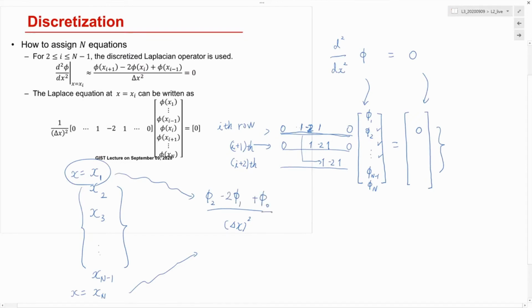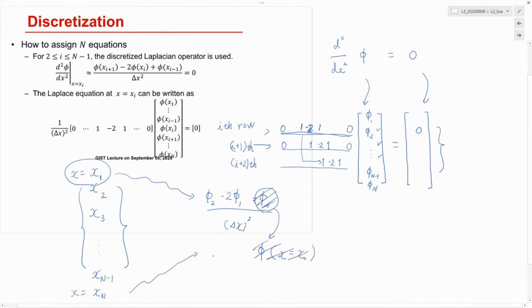But what is phi 0? Is there anything like phi 0? This is phi defined at x equal to x naught, but there is no point like x naught. So this is not properly defined.